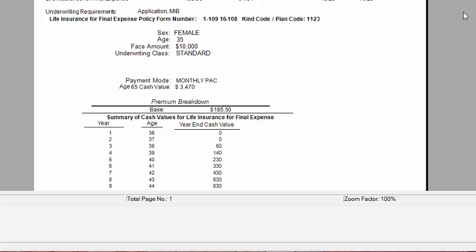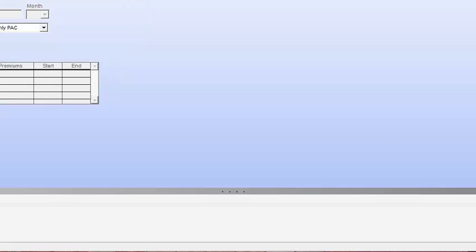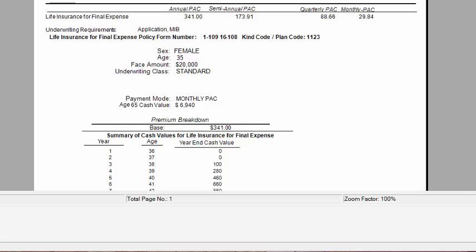So starting from 10, you can even do, let me see if I can just show you an example. So that was a 10,000, and maybe for a 35-year-old female, she wants to look at 20,000. That premium is about $29.84.